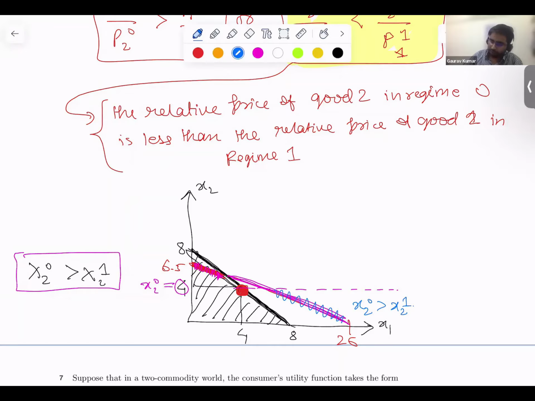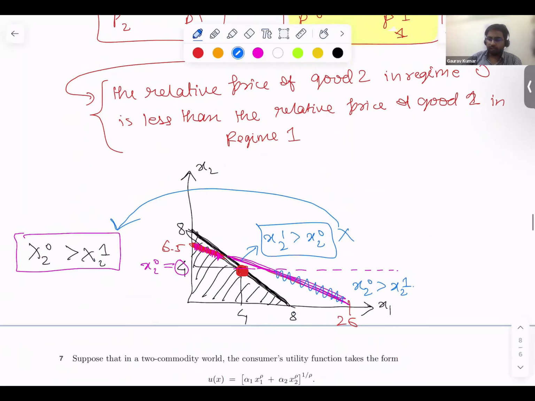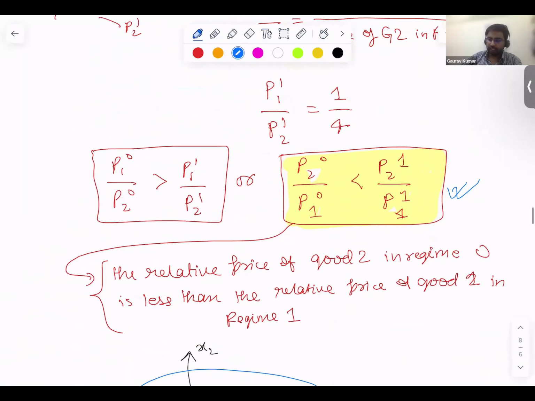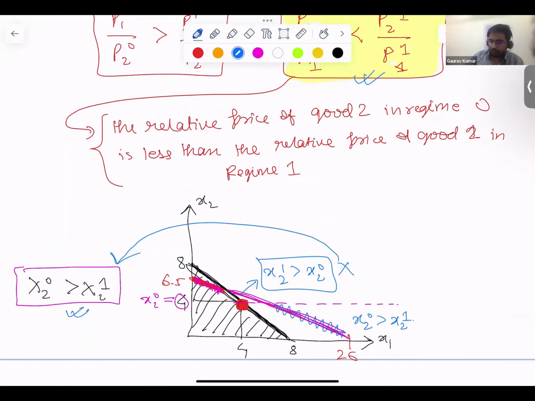Because if you had chosen this region, then x21 would have been greater than x20, which would violate these conditions. So in order to follow these conditions, you have to follow this, and this gives you a permissible range. This is the range in which you can choose x1.